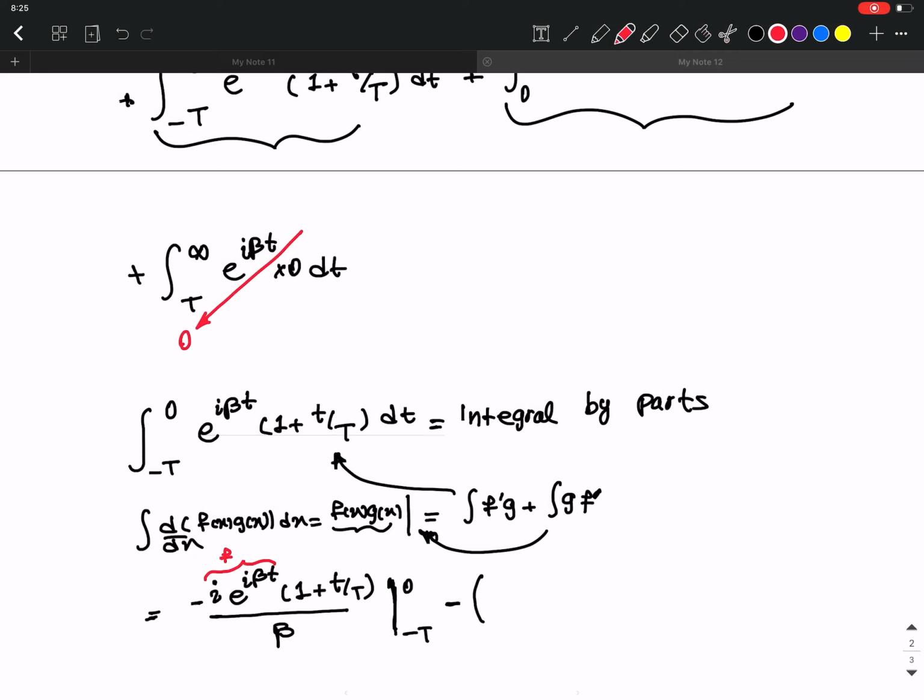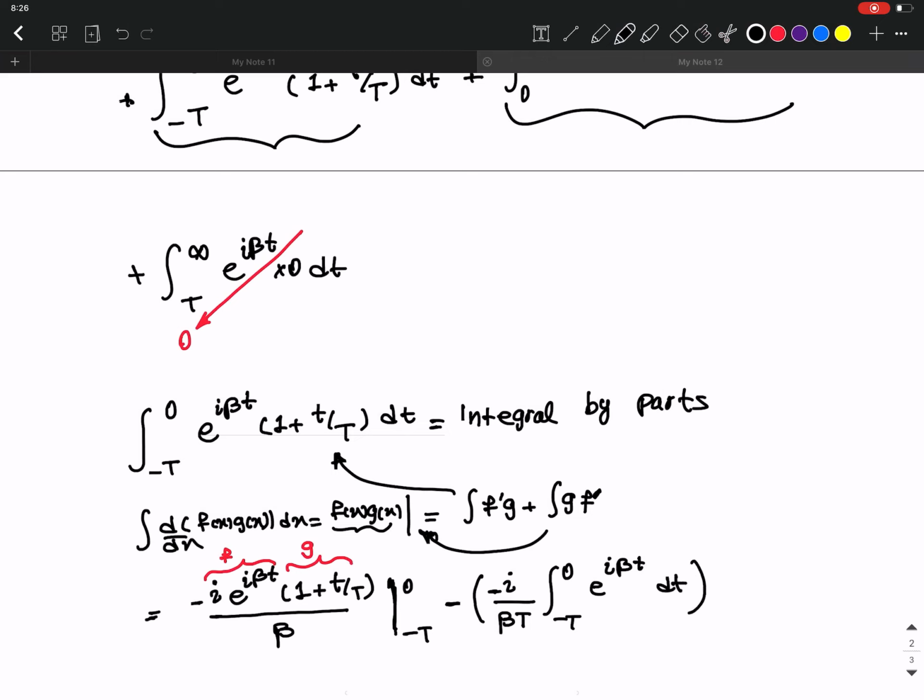And this can be your g, so the derivative of the second function with respect to time is going to be 1 over t, right? So I'm just going to write minus i over beta t. Okay, so this is going to come out, and then I have the integral from minus t to 0 of e to the i beta t dt.